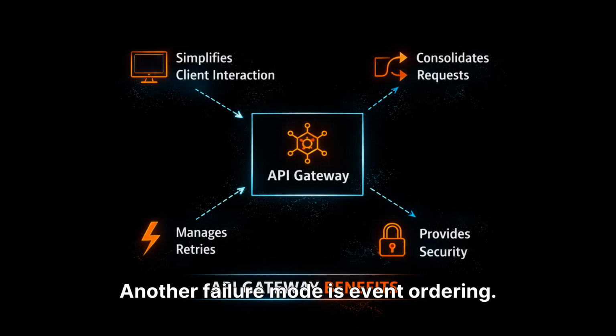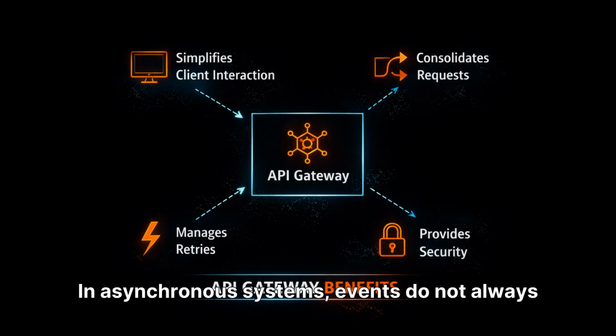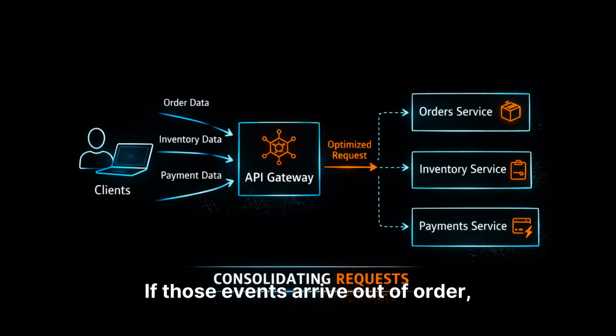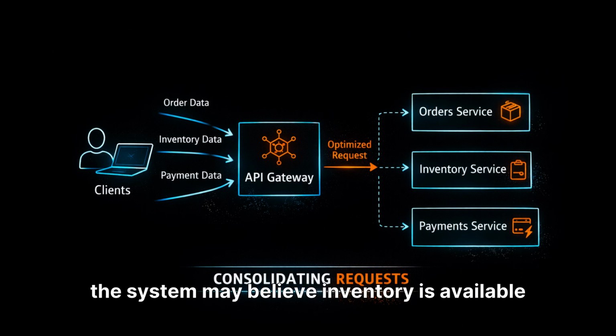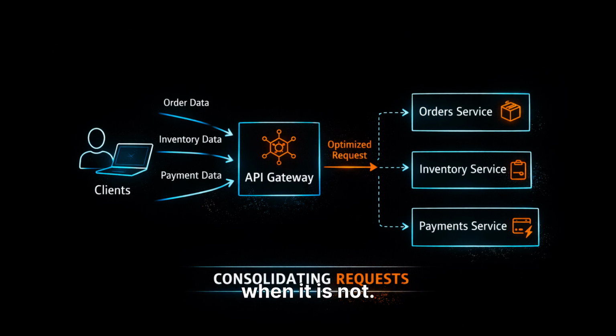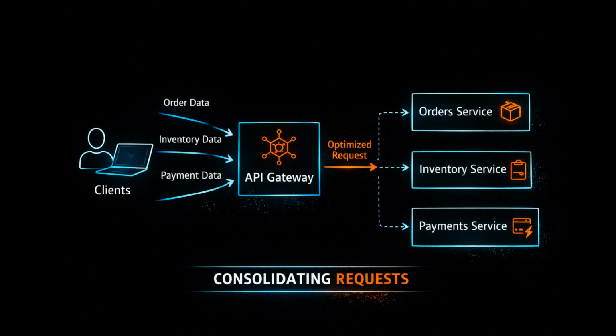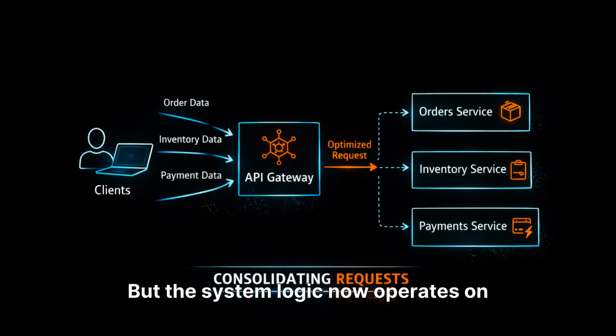Another failure mode is event ordering. In asynchronous systems, events do not always arrive in the same order they were produced. Imagine two events: inventory reserved, inventory released. If those events arrive out of order, the system may believe inventory is available when it is not. Or the opposite. Each service processes the events it receives, but the system logic now operates on the wrong sequence of events.